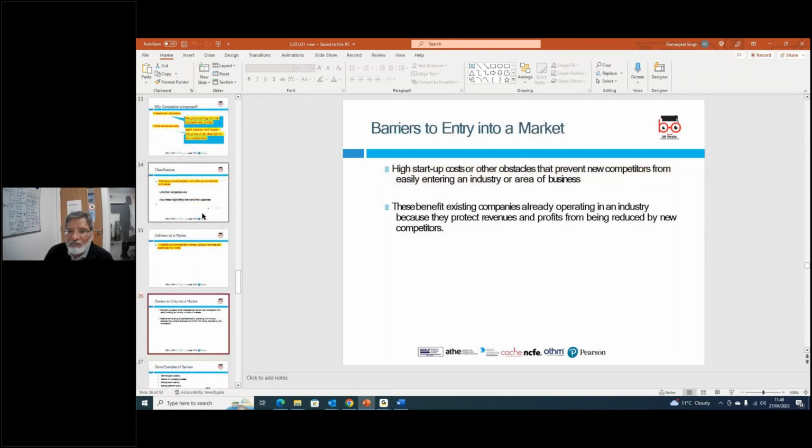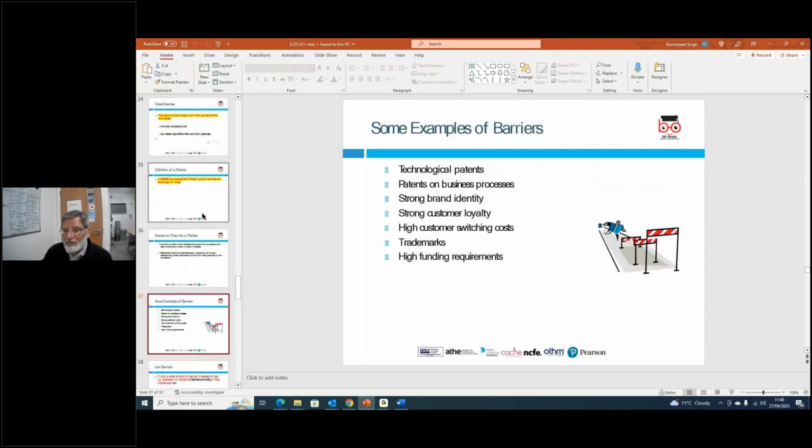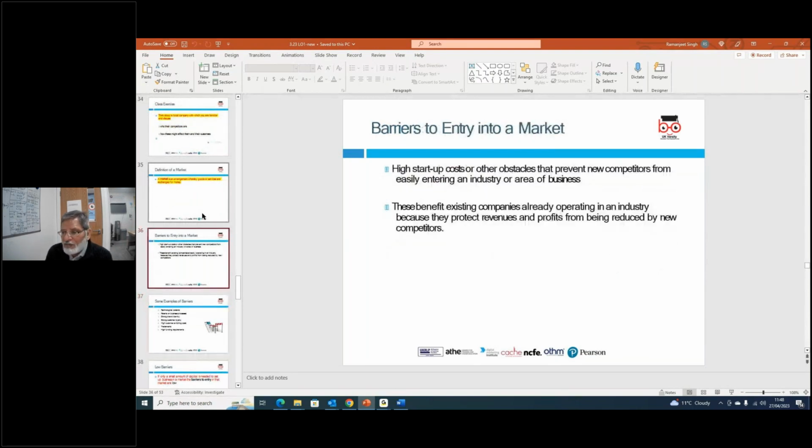For example, lots of businesses are short of money, lacking resources, capital, technology, or know-how. So lots of businesses don't enter the market. There are barriers to entry because they don't have enough manpower, no capital, no technological knowledge, and so on.